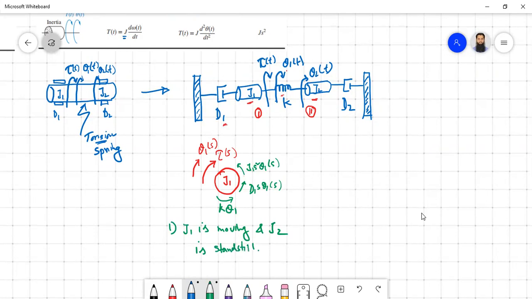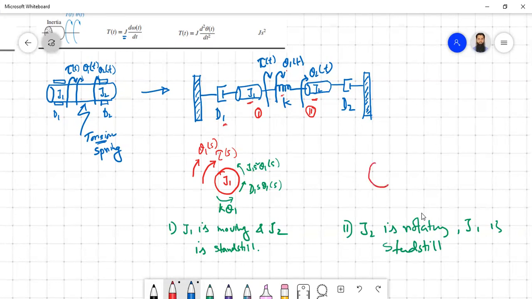Similarly, now we are assuming that J2 is rotating, and J1 is stationary or standstill. So what will happen to J1 in that case? For J1, you will now only have one force. J2 is also trying to rotate in the clockwise direction.